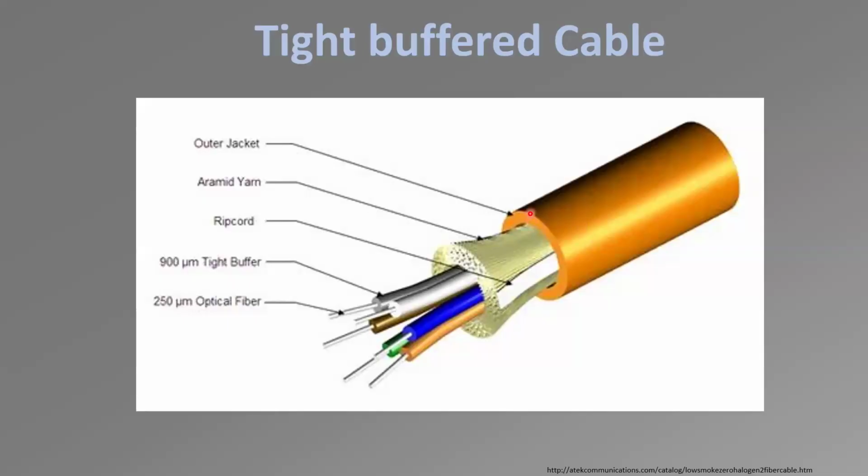For example, if you see a yellow jacket, that means these fibers are single mode. If it's an orange jacket, it is multi-mode. And if it's an aqua jacket, then it's also multi-mode, but a newer cable. We'll look at that later on.